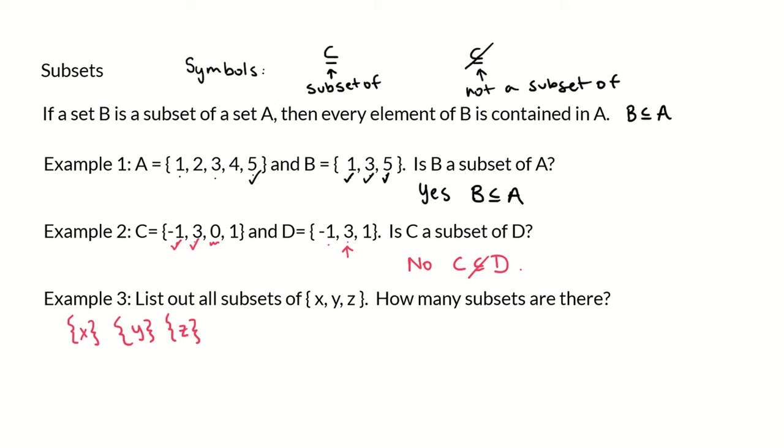We can also take each subset of two elements: {X, Y} is a subset, {X, Z} is a subset, and {Y, Z} is a subset. And we can also take the set that contains all three of those elements. So the set itself is a subset.